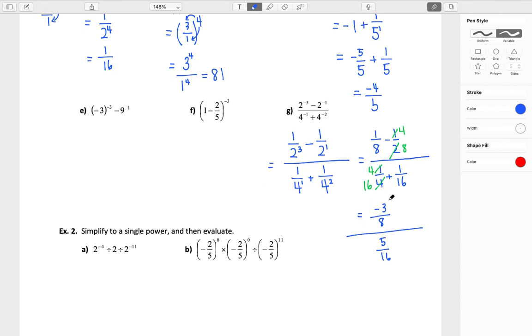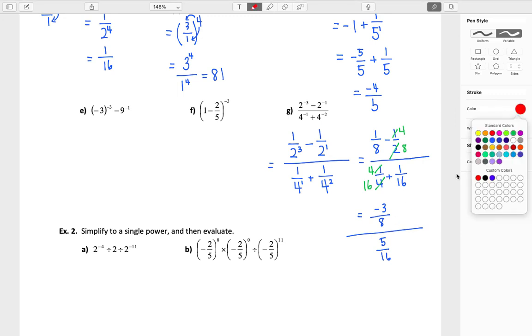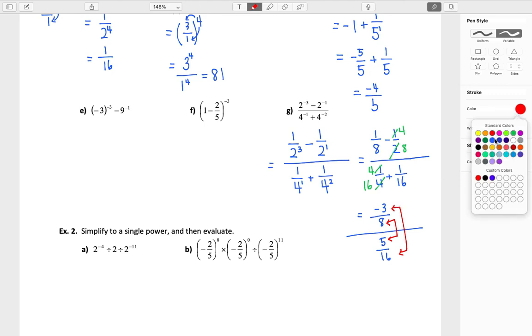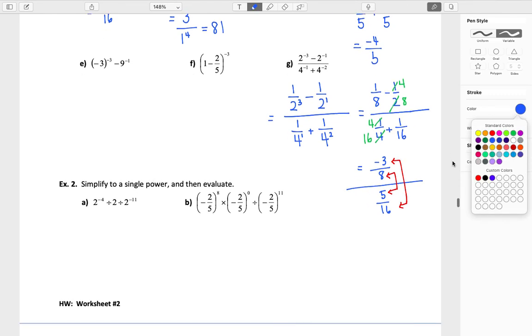Now when you have a fraction of a fraction, don't be discouraged. All you need to remember is this rule: inside and outside. So what you're doing is you're multiplying the inside and the outside, and the inside will become the bottom.